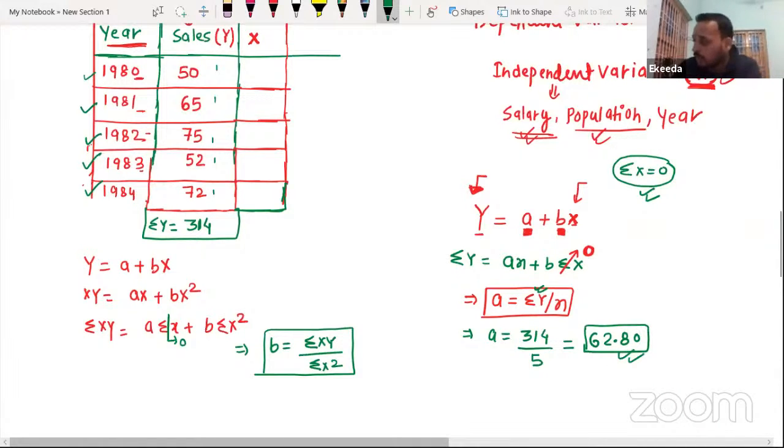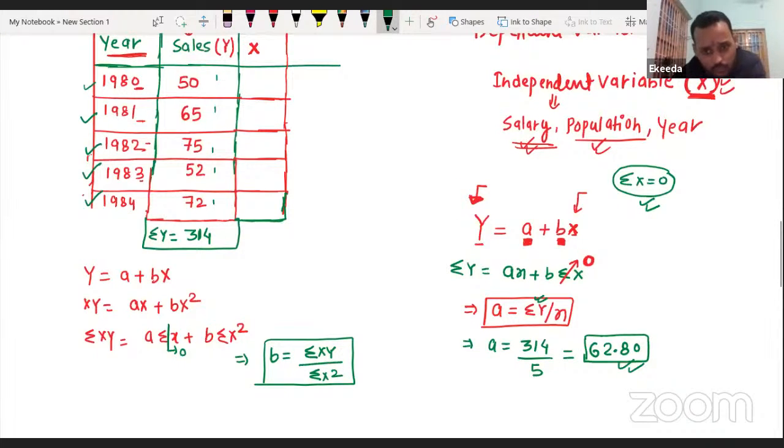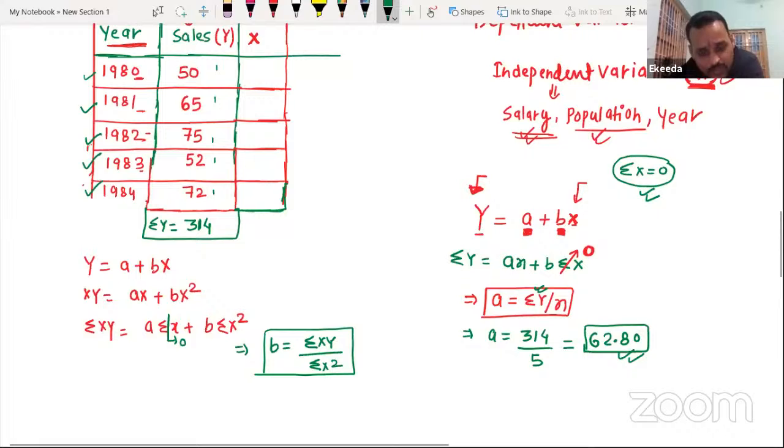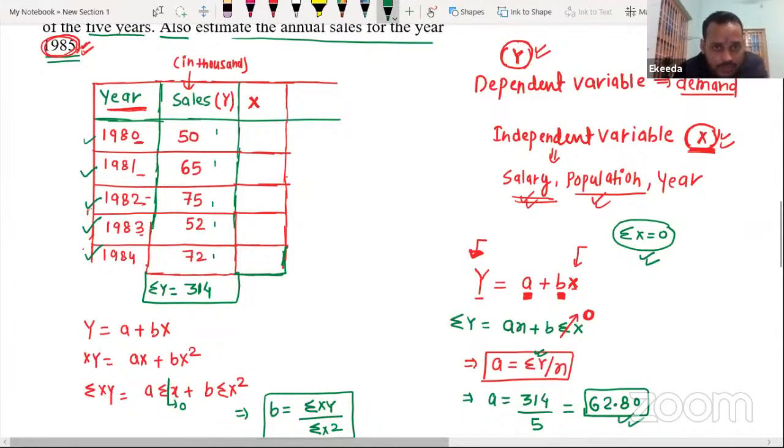Now how to find b? For b we have to find summation xy and summation x square. So we will assign the values of x in such a way that the summation x must be equal to 0.